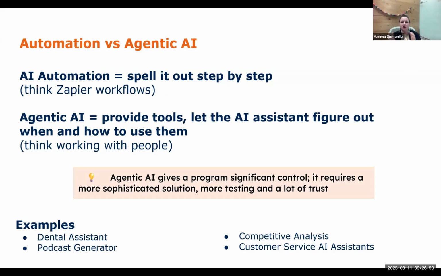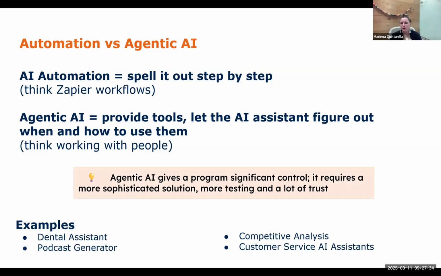But it's still very much a step-by-step workflow. Think of something like Zapier. Whereas agentic AI is really about giving a set of tools, and then any number of requests can come in, and the agent itself has to figure out how to accomplish that. Very similar to when you work with people, right? You train someone, you walk them through how to do it and give them direction, but then when they go through it, they figure out which tool to bring in and in which order.